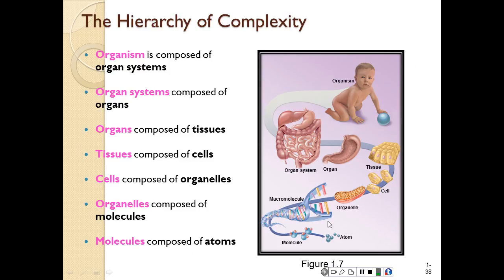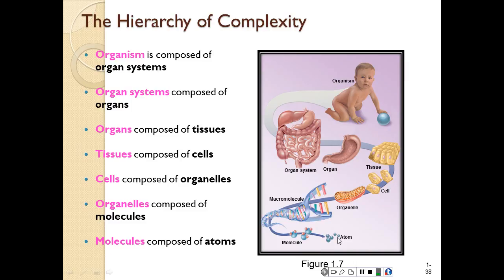We start with atoms. Atoms are at the bottom of this particular hierarchy, and they're the smallest particles of matter that have unique chemical identities. So you're looking at the hydrogen atom, the phosphate atom. You look at that periodic table, those are the individual atoms they're referring to.